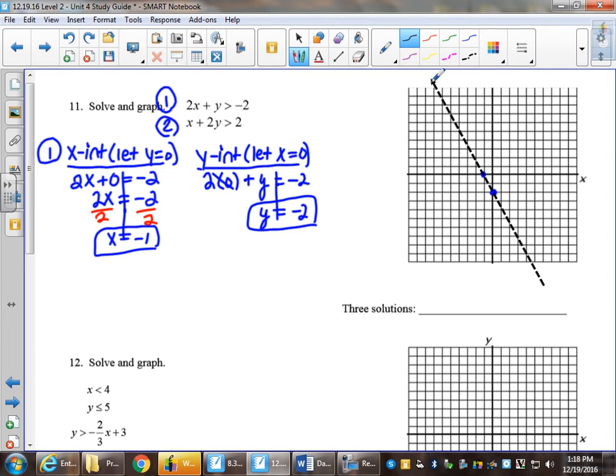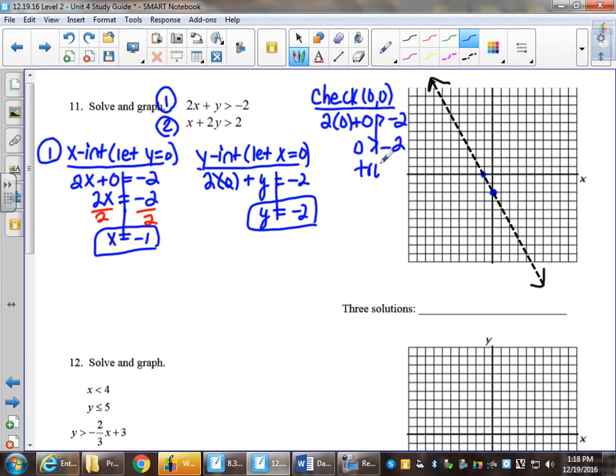To know whether or not I need to shade above or below, we are going to check 0, 0. It'll be really quick. So that will be 2 times 0 plus 0 greater than negative 2. We get 0 greater than negative 2. Is 0 bigger than negative 2? It is.